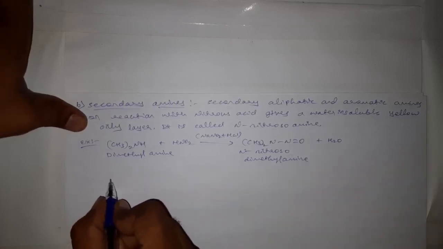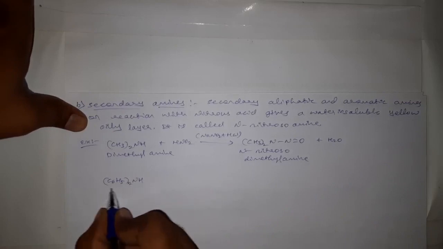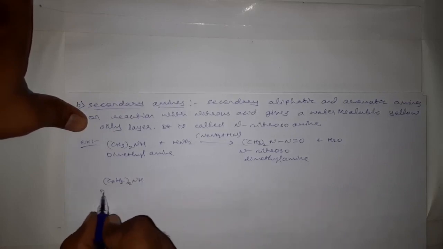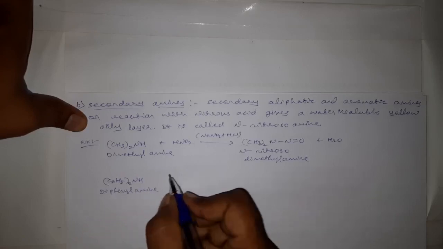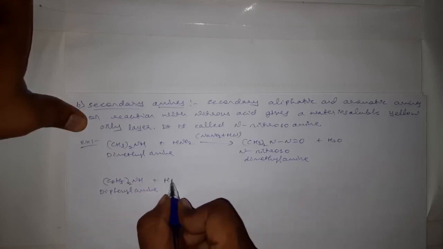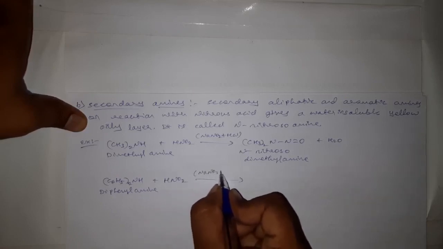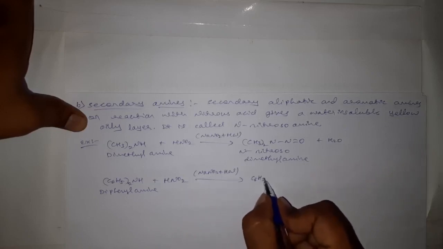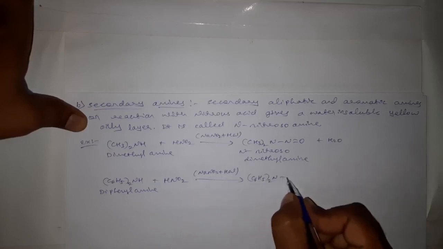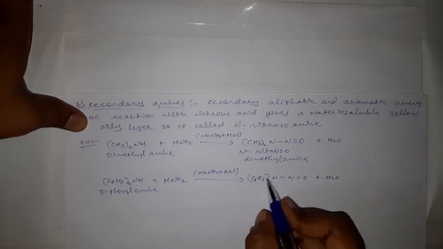We can take for aromatic amine (C6H5)2NH. This is diphenylamine. When it is treated with a mixture of sodium nitrite and HCl, it will give (C6H5)2N-N=O plus H2O.